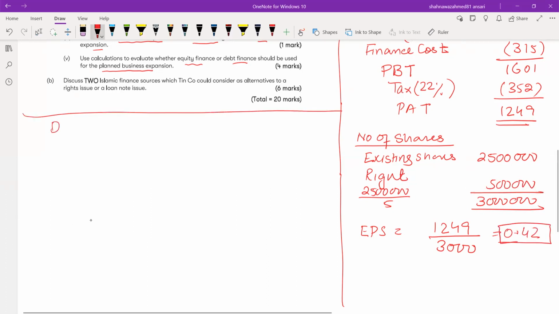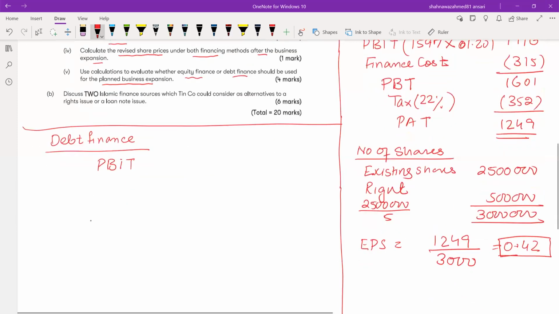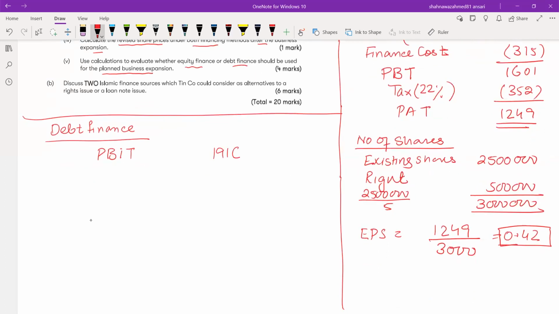And in case of debt financing, now let's calculate profit again. PBIT will remain the same, that is 1916. You have to deduct now finance cost. Existing finance cost, we have 315.